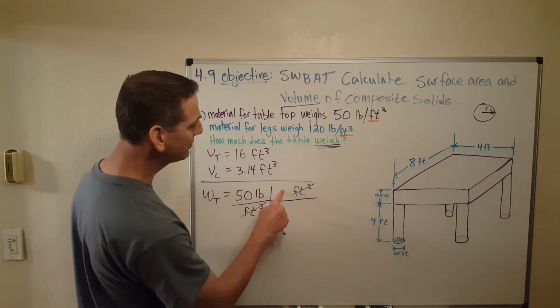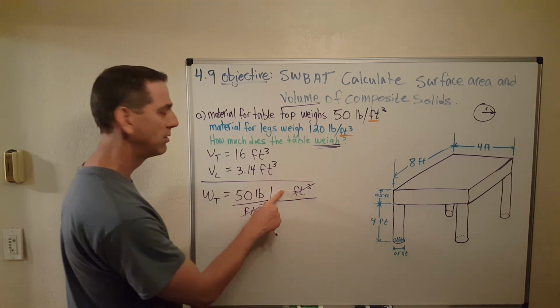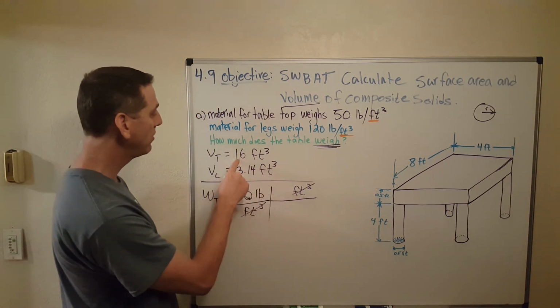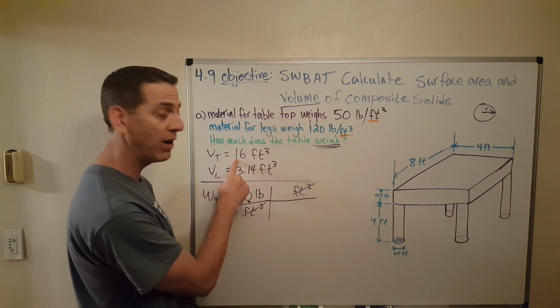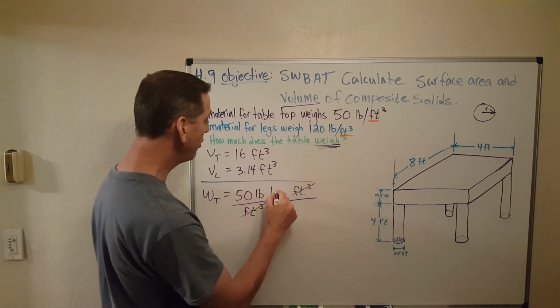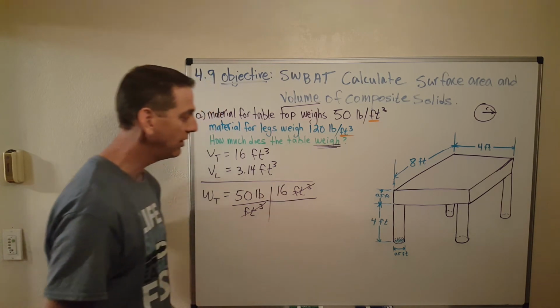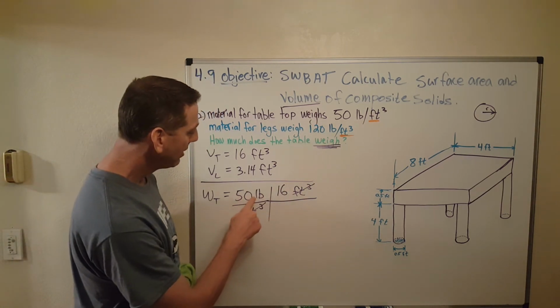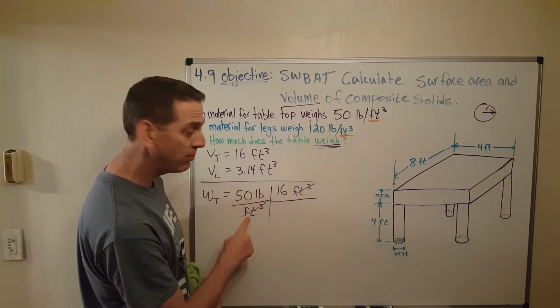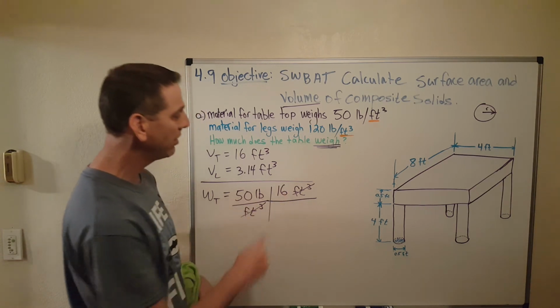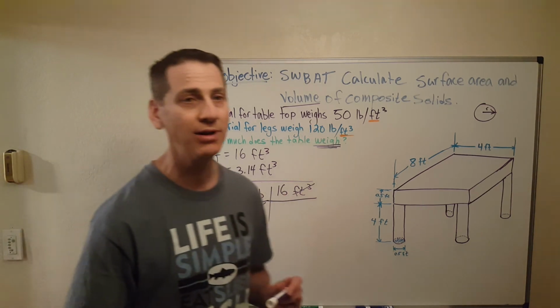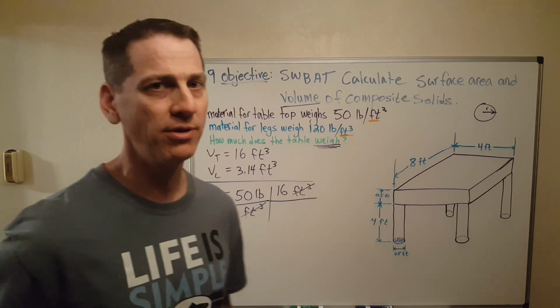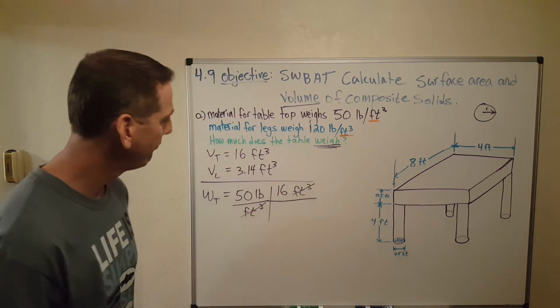All right, so what's the number that goes here? Well, that's the volume of my tabletop. The volume is 16 cubic feet. All right, so if there's 50 pounds in a single cubic foot, how many pounds are there in 16 cubic feet? You could have also used a proportion for this. It would have been just as good.